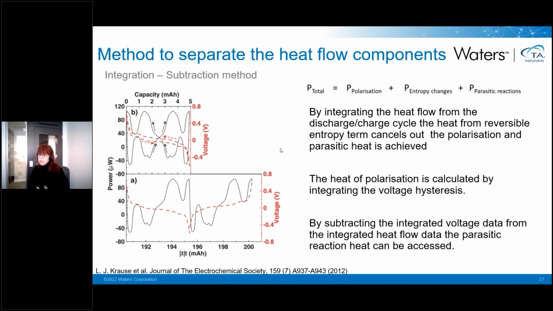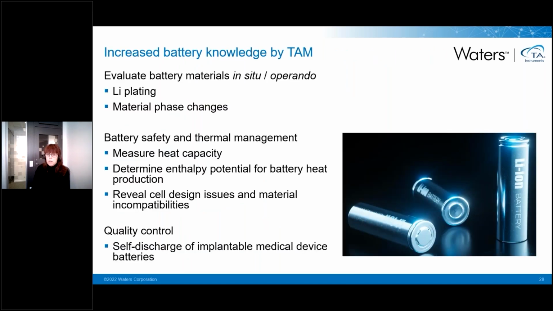If we subtract the heat of polarization from the integrated total, we are left with how much parasitic heat is produced from this battery. This method has been developed by Larry Krause and Jeff Dahn and co-workers.